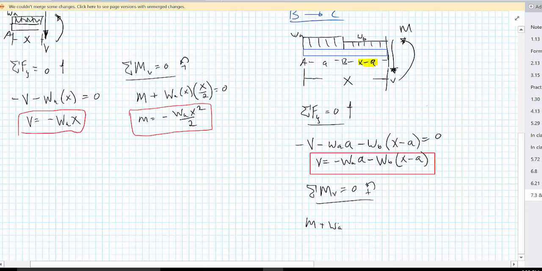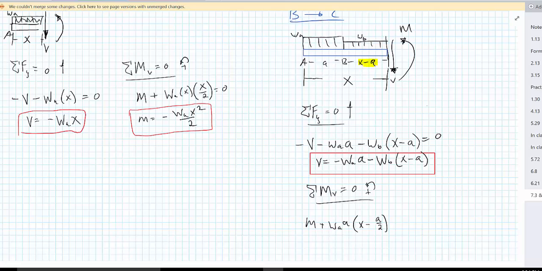Let me fix that. Multiplied to A, because that's our force, multiplied to X minus A over 2. Now why did I do that? X, because our whole moment arm is X minus half of A, over 2, right?